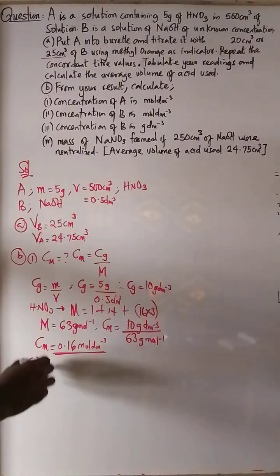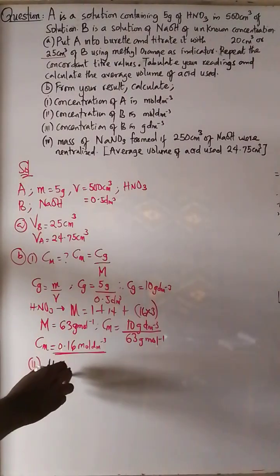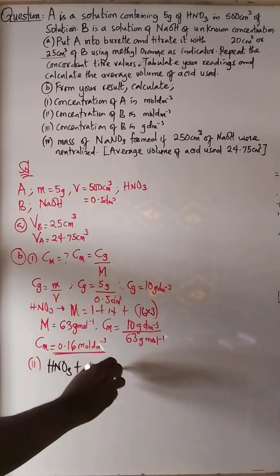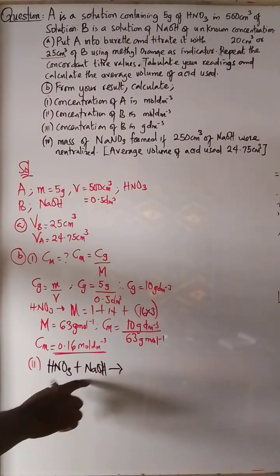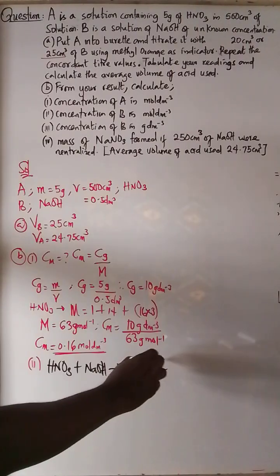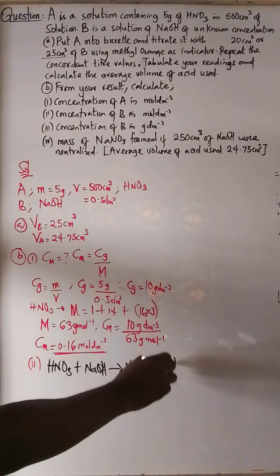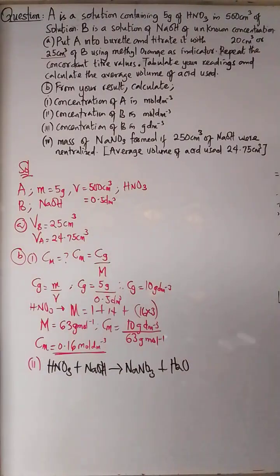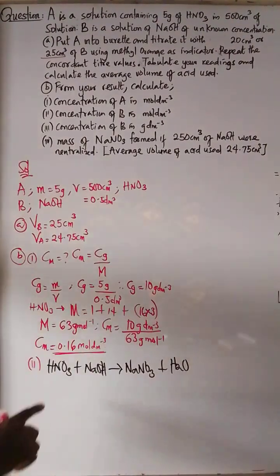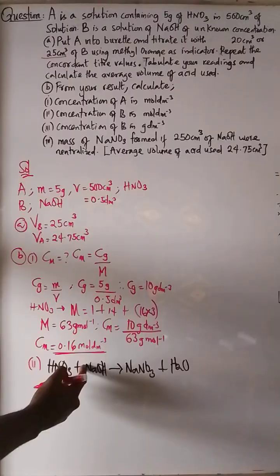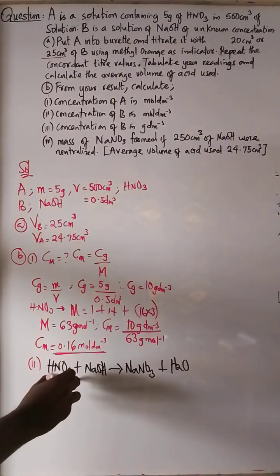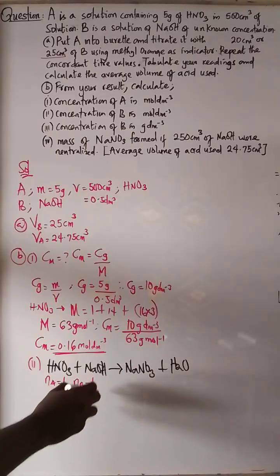We have the acid HNO3 with the base NaOH to give us the salt, NaNO3, plus H2O. I think the equation is balanced. From this balanced equation, the number of moles of acid and base are in the ratio 1:1. So NA is 1, NB is 1.